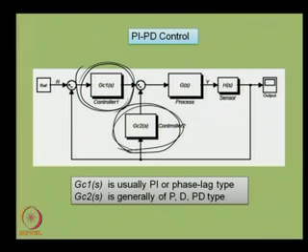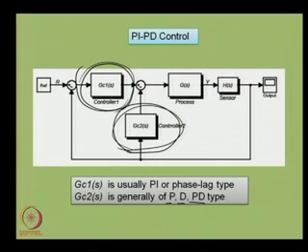Now, GC1 can usually be PI or phase lag type. GC2 is generally of proportional derivative type. These combinations give us PIPD control.